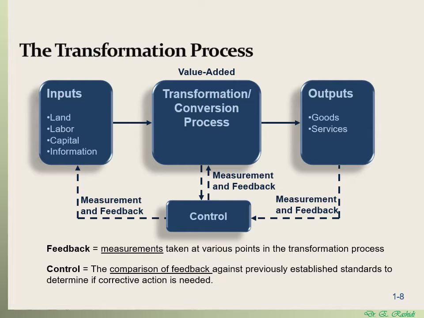But also you can see here the dashed flow, which is actually feedback, information. These are related to the managerial and control aspects of the organization. So basically, the managers take information and feedback, which are measurements taken at different points in the transformation process, to control and manage the whole organization and processes.